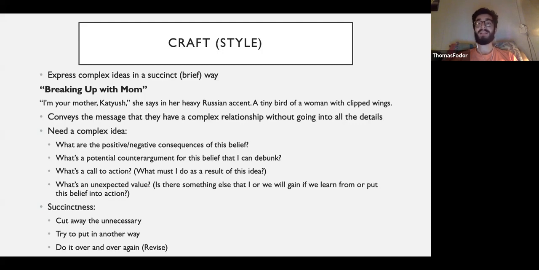Especially that last line, a tiny bird of a woman with clipped wings, especially as it's compared to that first sentence where it seems as if her mother is giving her a command or asserting her authority over her daughter, but at the same time, her daughter is describing her in a way that illustrates that there's more to her than this kind of mother figure. And so it conveys this idea of a complex relationship between mother and daughter in two sentences.